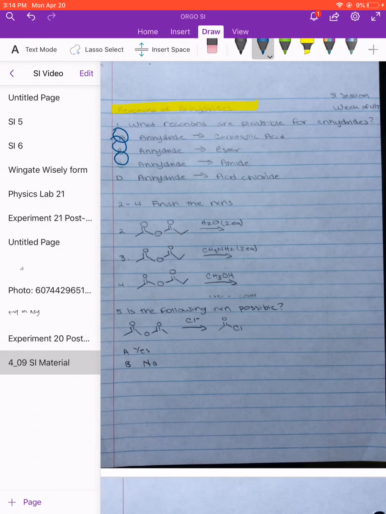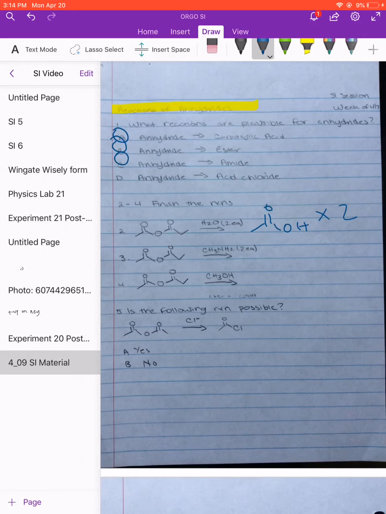So for 2 to 4, we're going to finish these reactions. What happens when you have 2 equivalents of water reacting with that anhydride? We're going to form 2 carboxylic acids. What about if we have that amine group reacting with the anhydride?